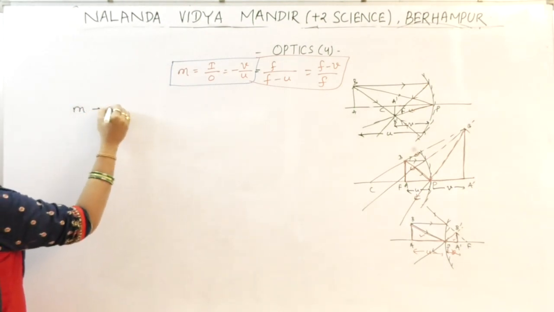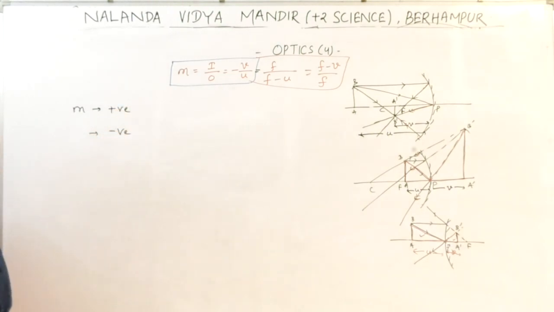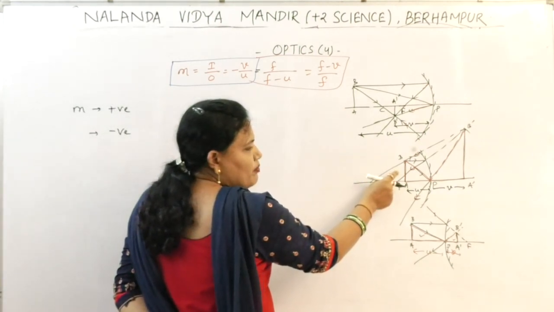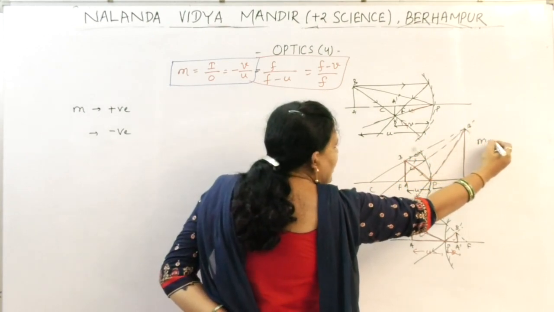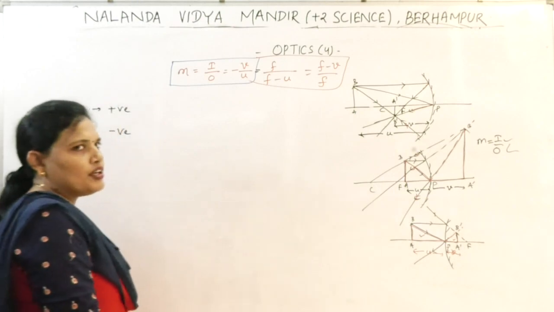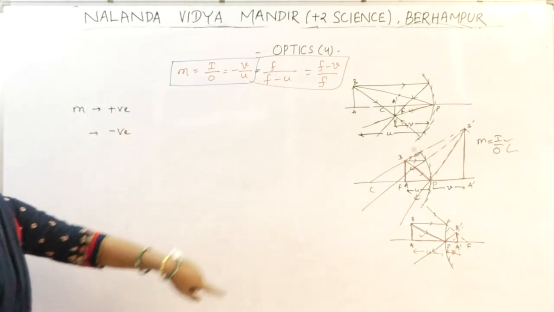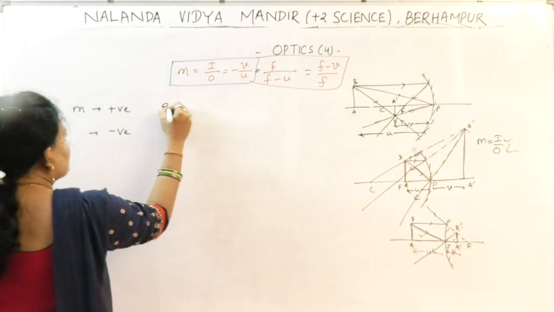Either M can be positive or M can be negative. If M is positive, in this case M will be positive because both are on the same side. So M equal to I by O. So I is positive, O is positive, so the magnification is positive. That means if the magnification is positive, the image is erect.